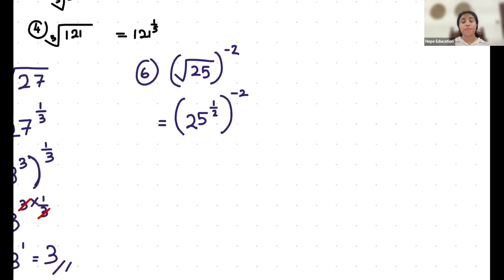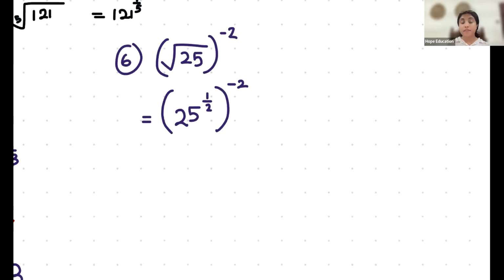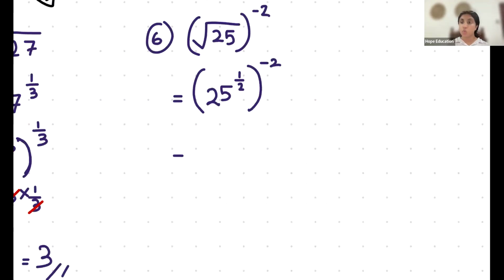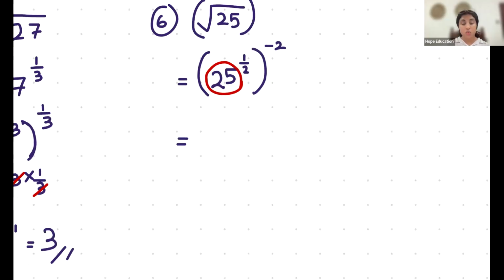And you know, 25 means 5 to the power 2. මෙන්න මෙතන 25 කියන එක, this 25 I can write as 5 to the power 2. So 25 I wrote as 5 to the power 2.